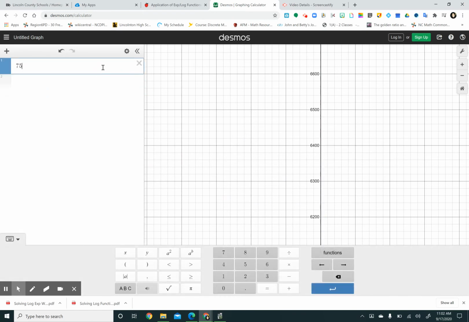So we do 75,000, parentheses 1 plus 0.06 raised to the 10.